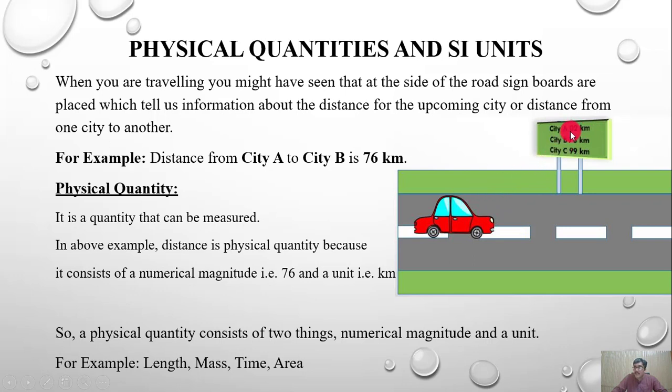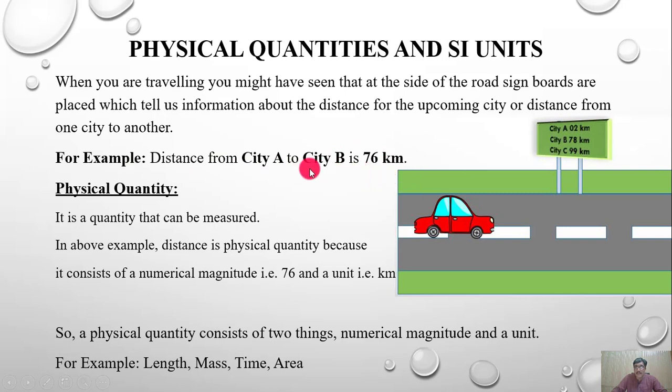So this 2 is basically a numerical value. This kilometer is a unit, not the SI unit. The SI unit for distance is meter. So you can say that this is a unit. Here is one example. Distance from city A to city B is 76 kilometers.